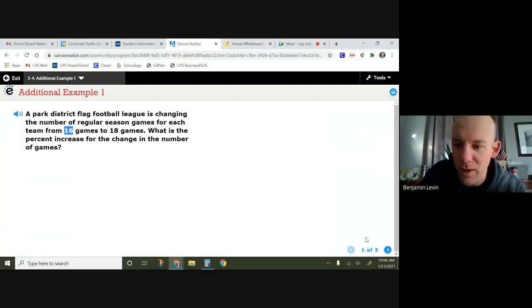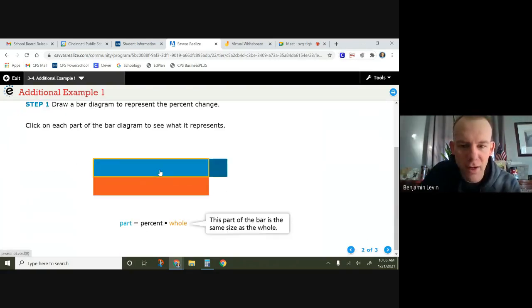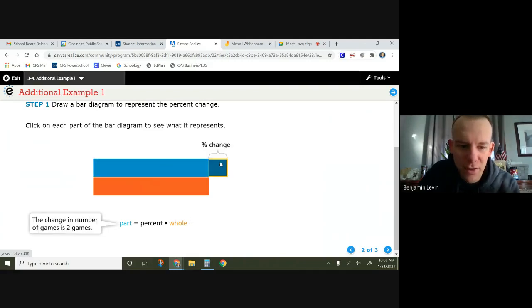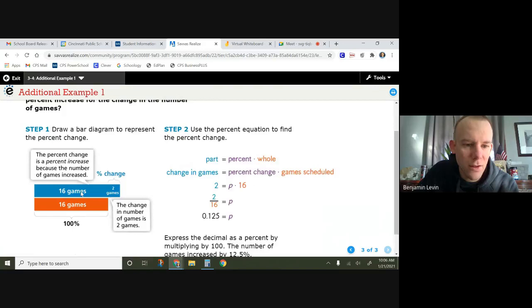So let's see if we got it right. They're going to show us the bar diagram. This is the old total, 100% was 16. This is the new total. It's the same part plus an additional change, which is 2 games, as they're showing here. The change in the number of games is 2. So they did exactly what we did. 16 games and 2 games is the new total.